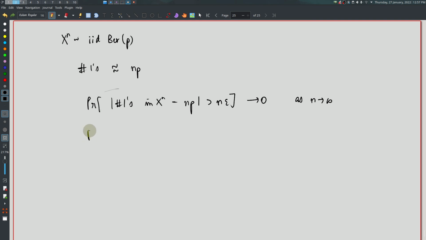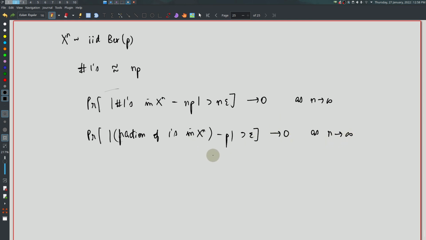Or the probability that the fraction of ones in xn deviates from p by an amount greater than epsilon, we know that this tends to 0 as n tends to infinity. This just follows from the weak law of large numbers, or you can get a better bound on this using Chebyshev's inequality or the Chernoff bound, right? So this follows from the weak law of large numbers.